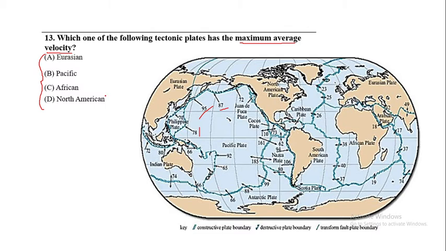So to answer this question, look at the given figure. As we know, various plates are moving with various velocities. Now look at the Pacific plate, which is the largest. It is moving with a velocity vector that is larger in size compared to the other plates. Pacific plate is moving 161, 110, and the Nazca plate is moving with the maximum 106.